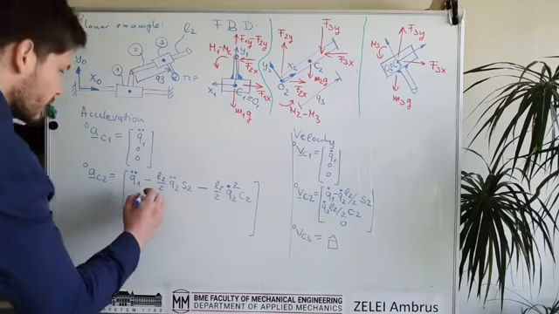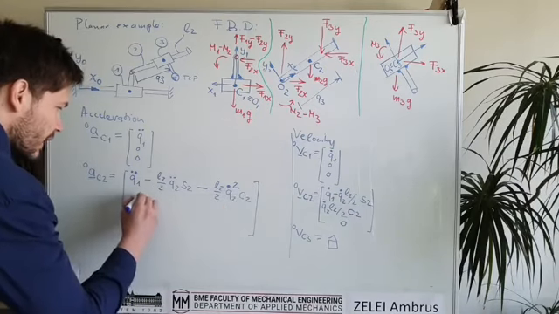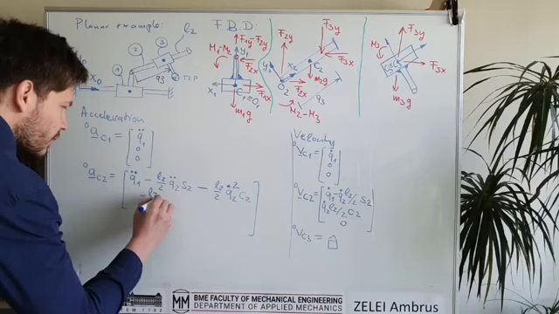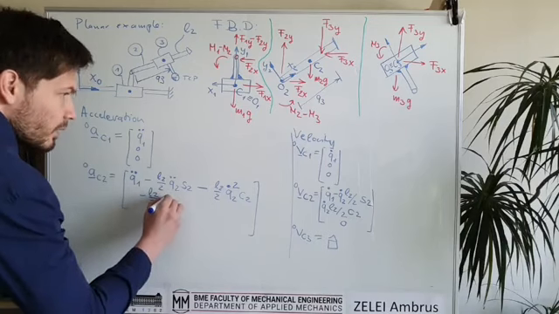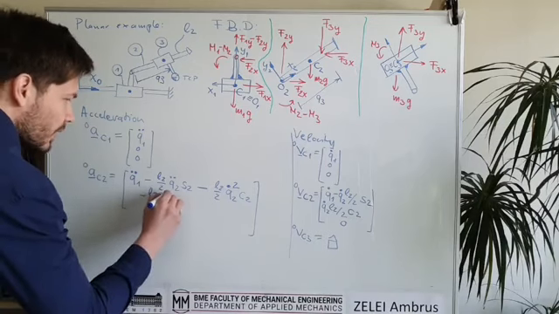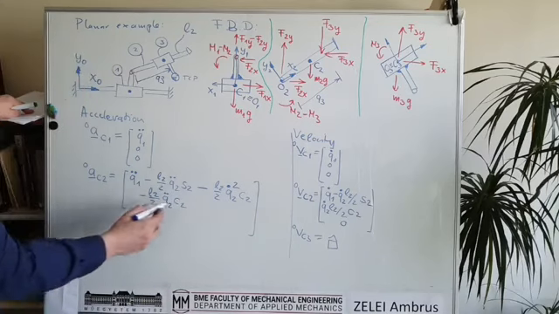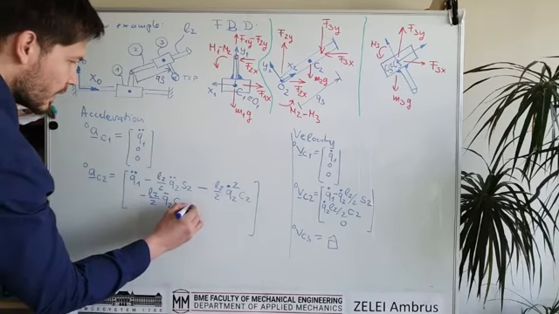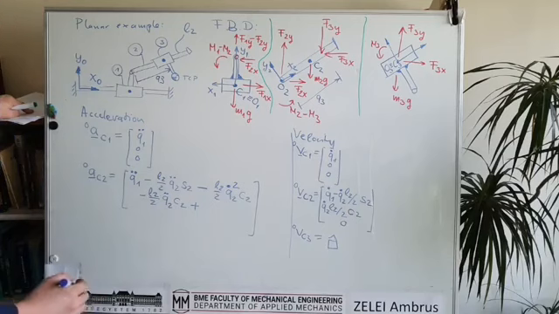And we can also create the same for the second link. This will be minus L2 over 2 times Q2 double dot times cosine Q2, and plus, well, why is it minus?